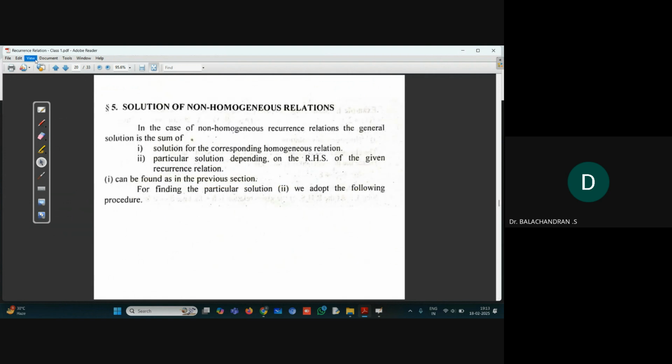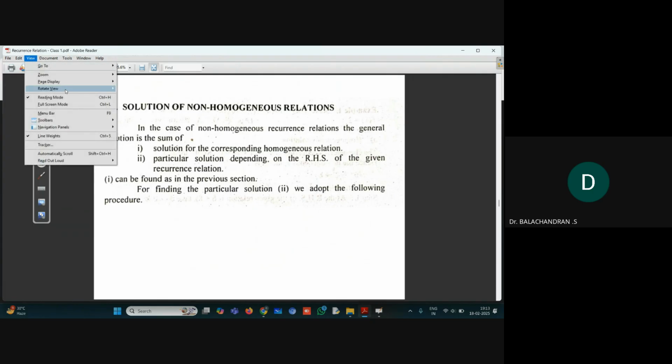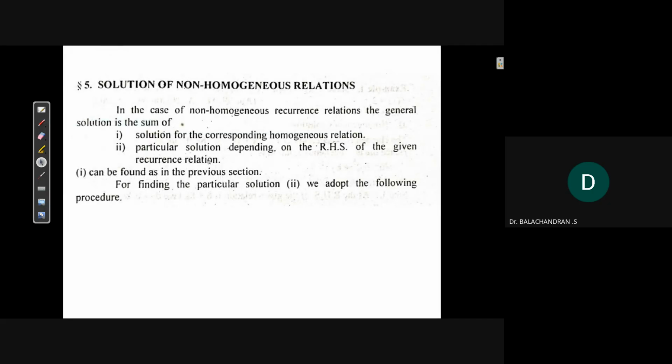Next idea is solution of non-homogeneous recurrence relation. In the case of a non-homogeneous recurrence relation, the general solution is the sum of the solution for the corresponding homogeneous relation and a particular solution depending upon the right hand side of the given recurrence relation.